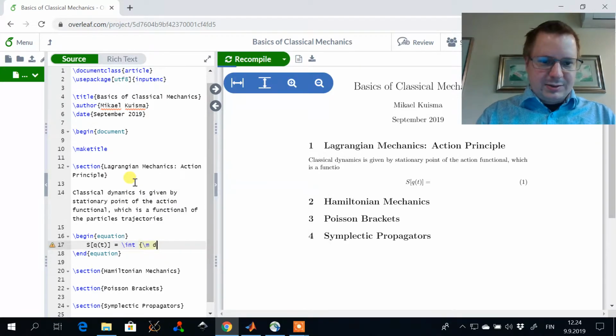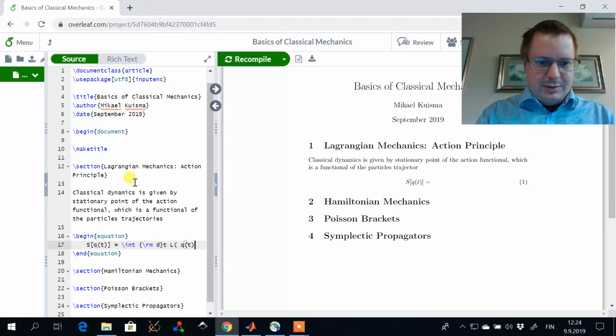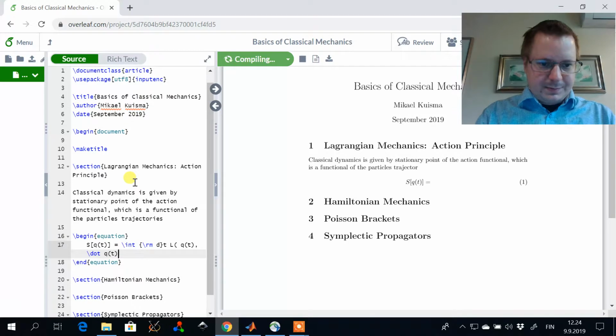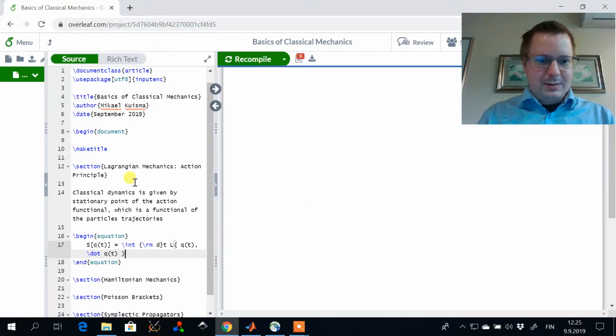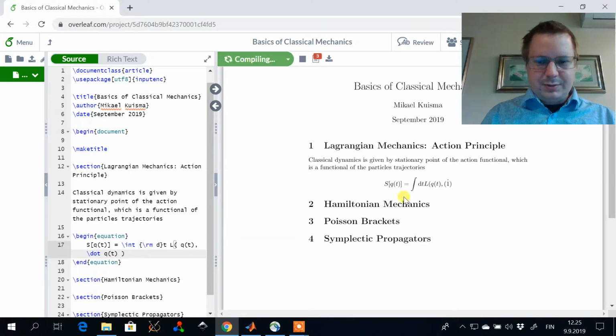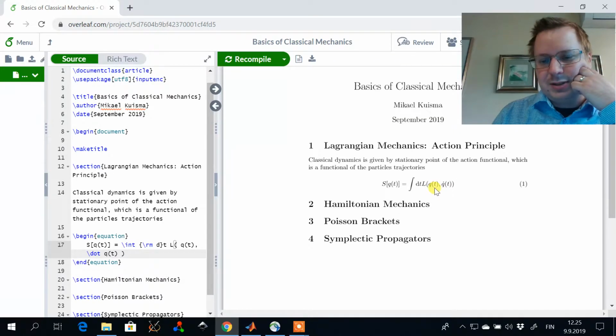And this action functional is given with some Lagrangian, and the Lagrangian will depend on the position of the particle at some time t and its time derivative at some time t.